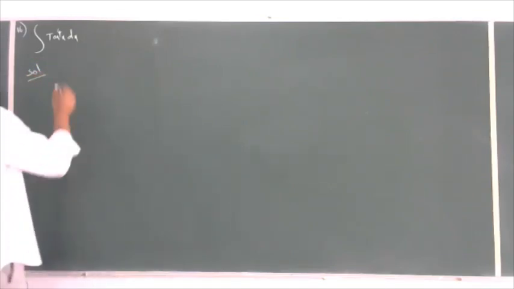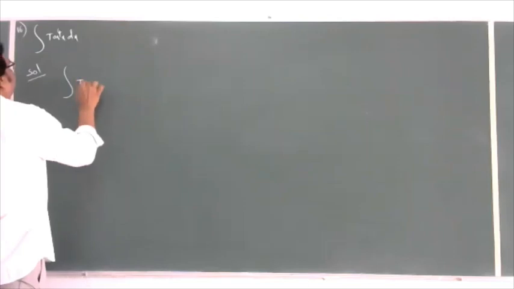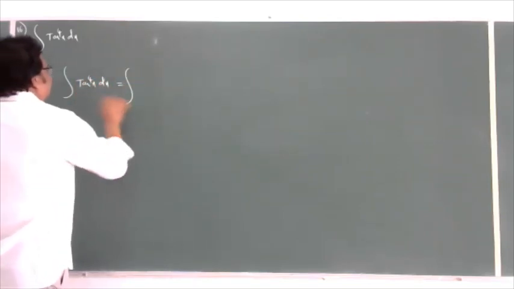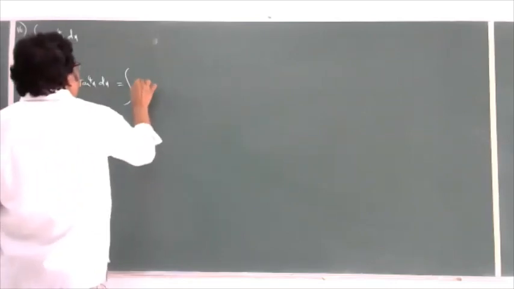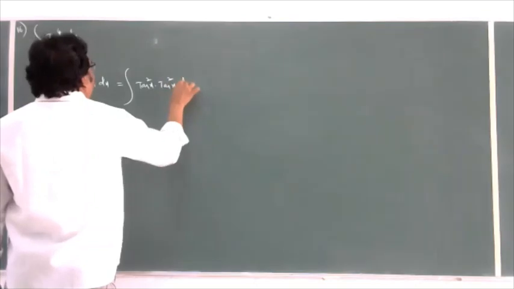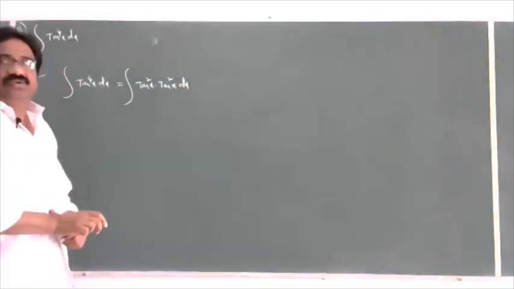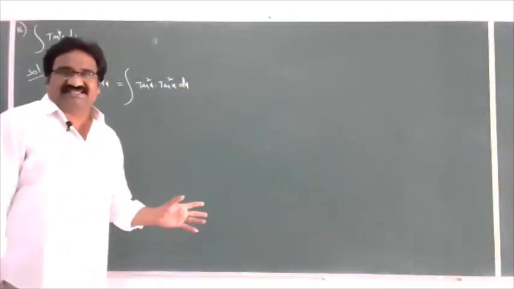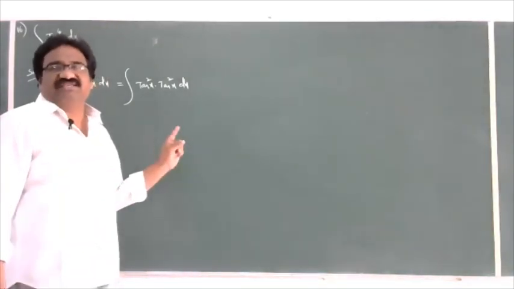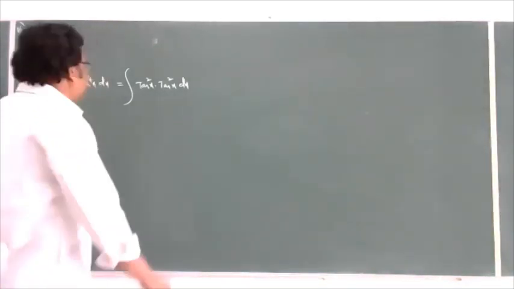First, write the given integral tan to the power of 4x dx. This is the integral of tan square x into tan square x dx. Write tan to the power of 4x as tan square x into tan square x.